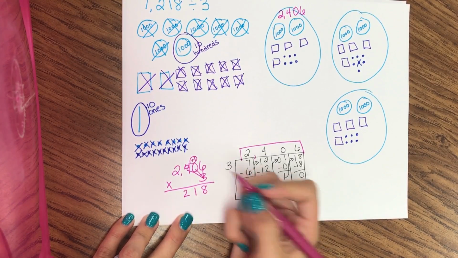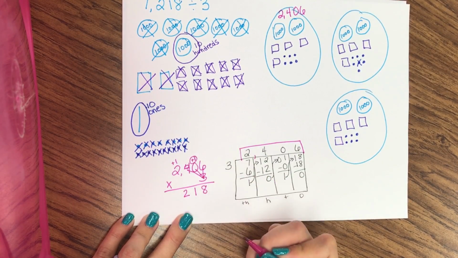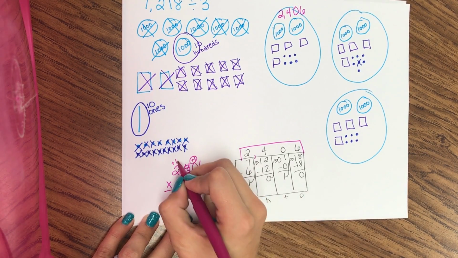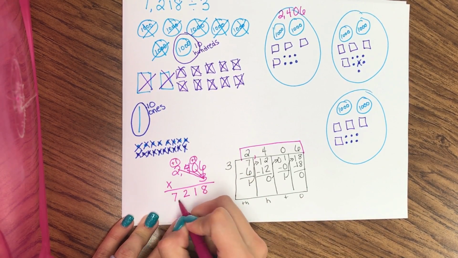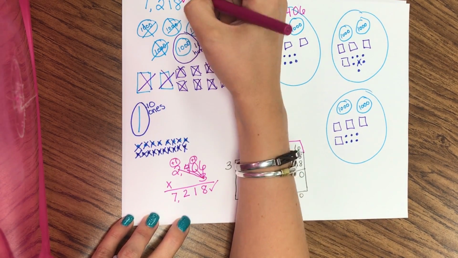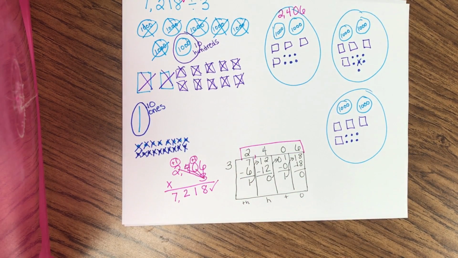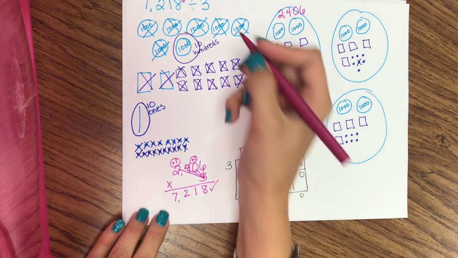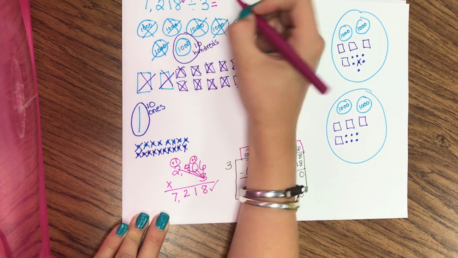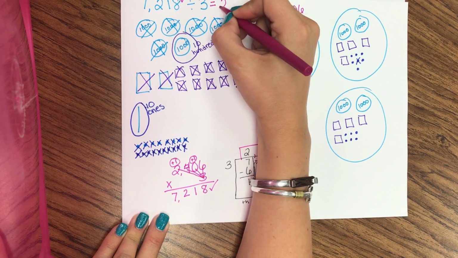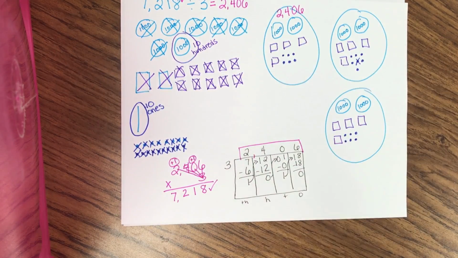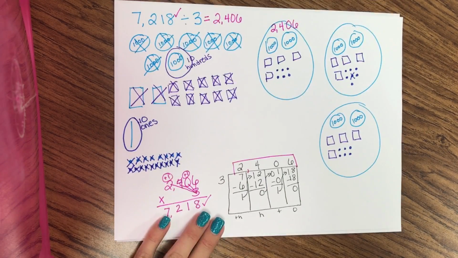I'm going to write my 2, carry my 1. 3 times 2 is 6, plus 1 more is 7. So I've got that same number I started with. So to answer the question, 7,218 divided by 3 equals 2,406. Ta-da!